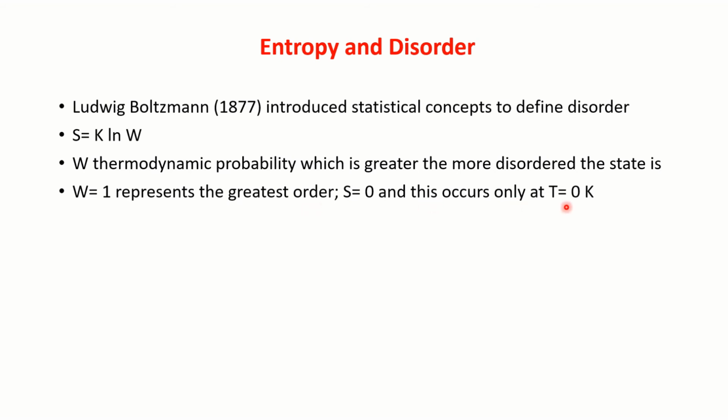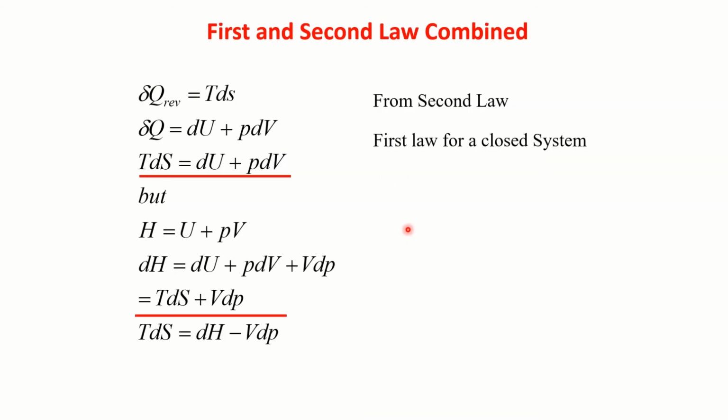And this occurs only when T is equal to 0 K. That is very difficult anyway. So if W increases, then S increases. Yes, to understand this thermodynamic probability, you must understand statistical thermodynamics. So let us not get into that part.